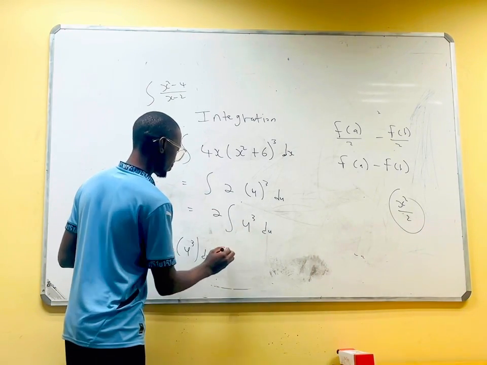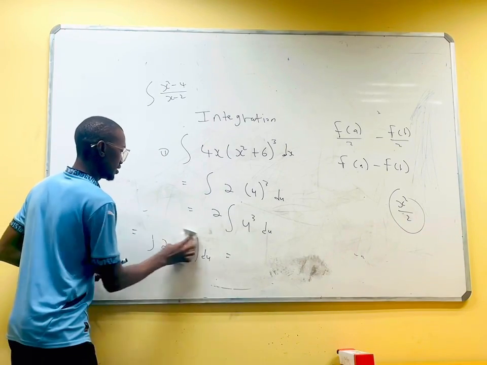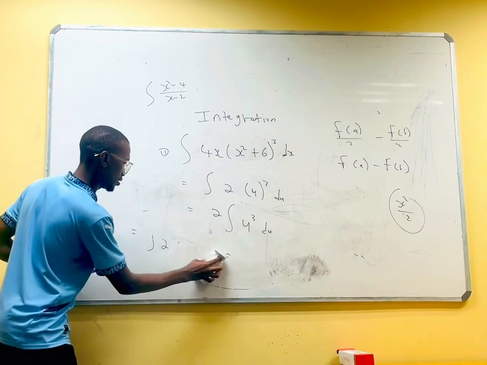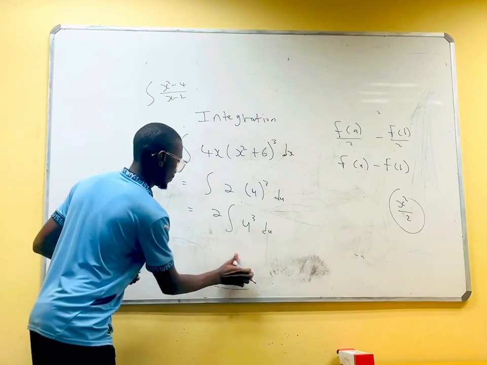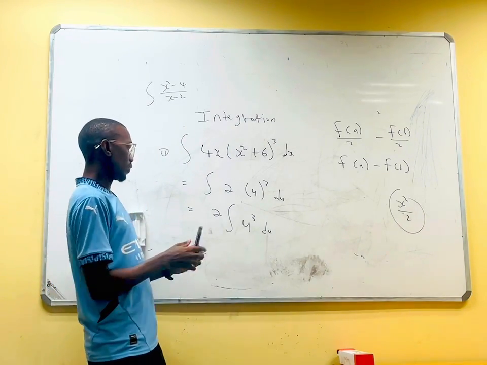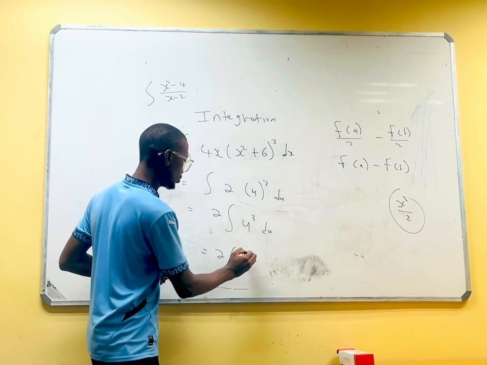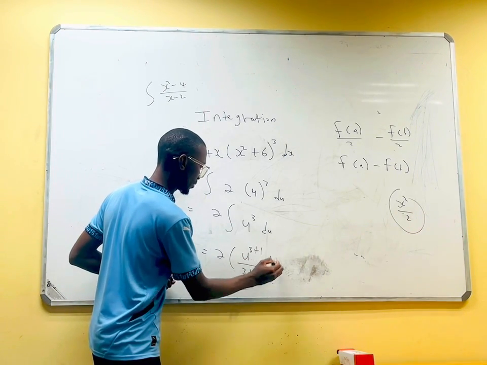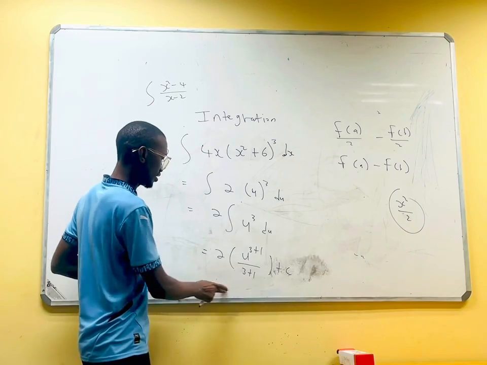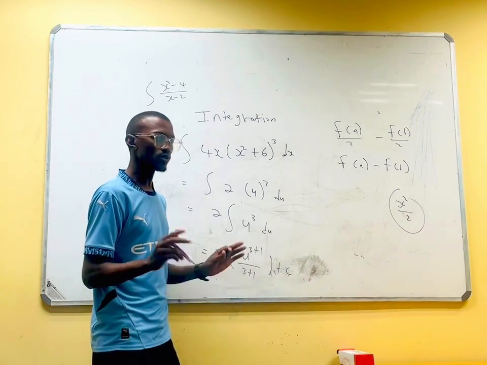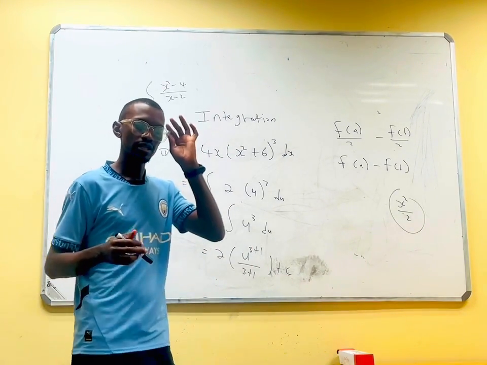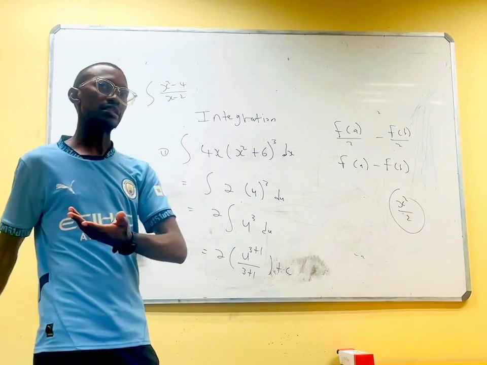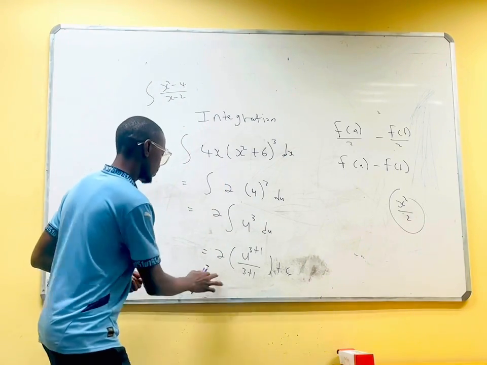Then now, here's going to be the answer. We're going to have what now? We're going to have 2 into u to the power 3 plus 1 over 3 plus 1 plus c. Okay? Remember, c is always a constant. It must always be there whenever you're dealing with indefinite integral or integration. Okay?